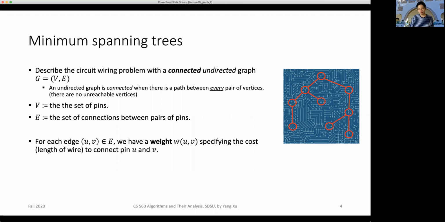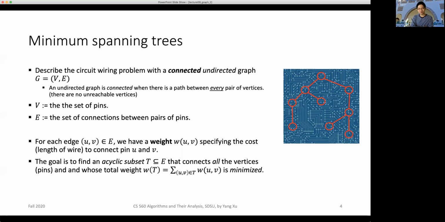More importantly, for each edge from vertex U to V in a graph, we will have a weight function, W of the two vertices on the two ends, U and V. We'll use the weight function to specify the cost to connect pin U and pin V. Okay, so this cost can be the length of the wire, or it can be the money, and in different settings, this can be the traveling time and so on, right?